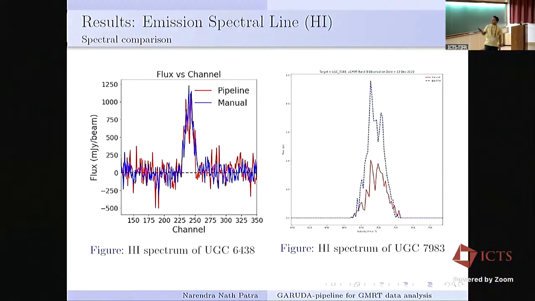My apologies, the convention of blue and red is opposite here: the blue is from the pipeline and the red is manual. In this galaxy, UGC 7983, which is one of Atharva's galaxies, an ultra-faint dwarf, the Garuda pipeline is actually recovering more flux than the manual analysis.